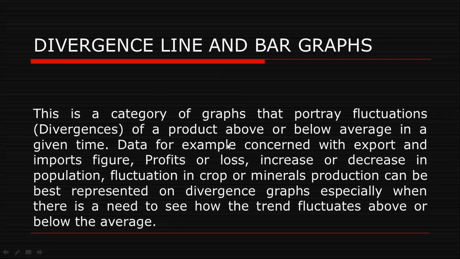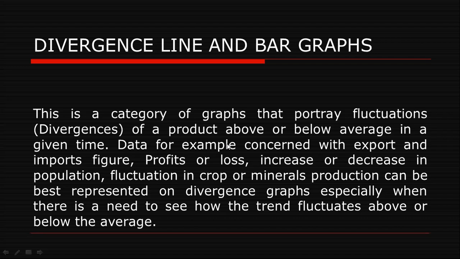What we refer to as a divergent line graph or bar graph is a graph that will have both the positive and the negative. Some information is displayed alongside the other, but in the middle of the graph, we shall have a 0 point, which we refer to as an average point.